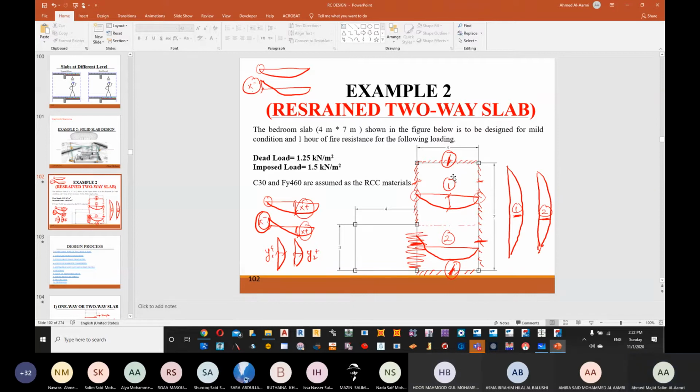Long. No, if it's long, it does not matter because you are designing for the short always. So if it was short. No, if it was short and one side was continuous, then you should take the continuous. And if it was in the long direction, no matter, we can use the continuous as it is simply. The basic fundamental is every judgment is going to be based on the short direction. So whatever happens in the long direction does not matter for you.